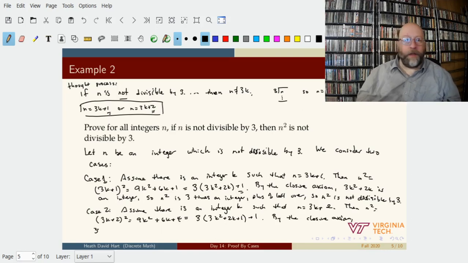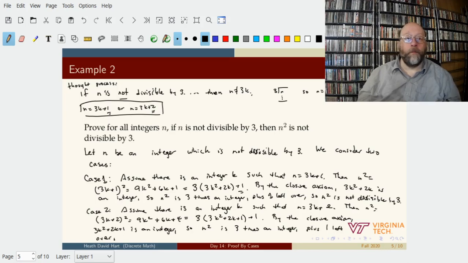3k squared plus 2k plus 1 is an integer. So n squared is 3 times an integer plus 1 left over. And so n squared is not divisible by 3.